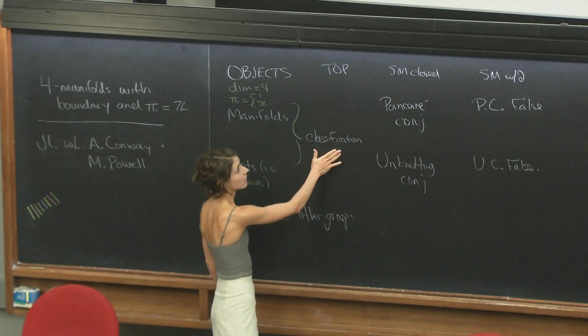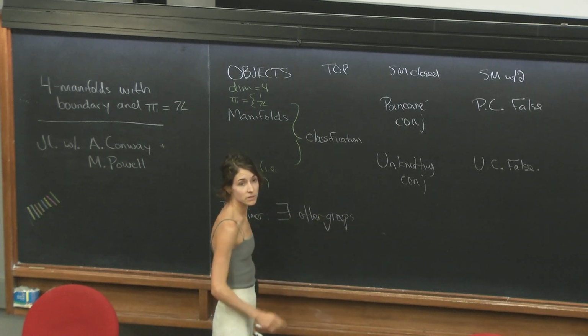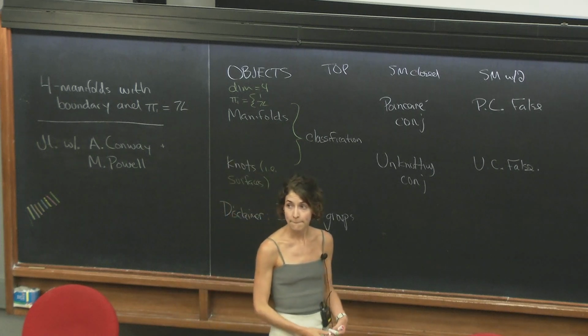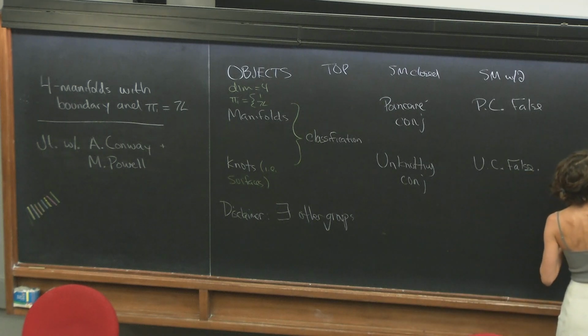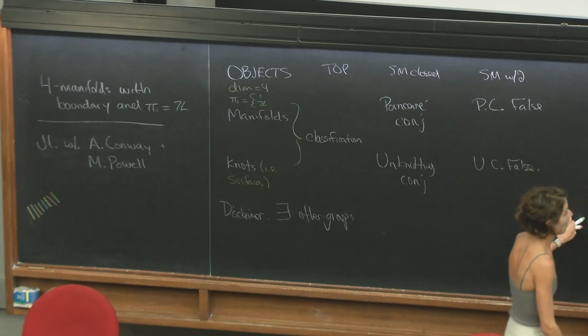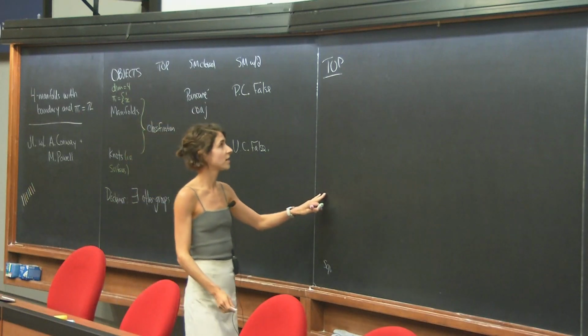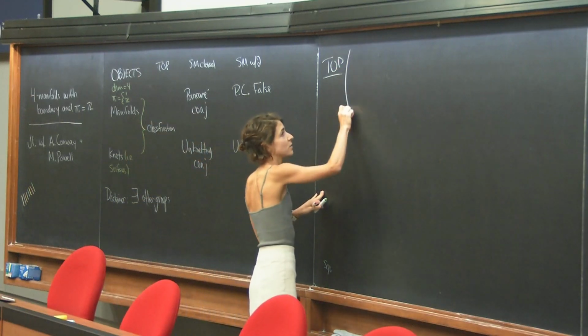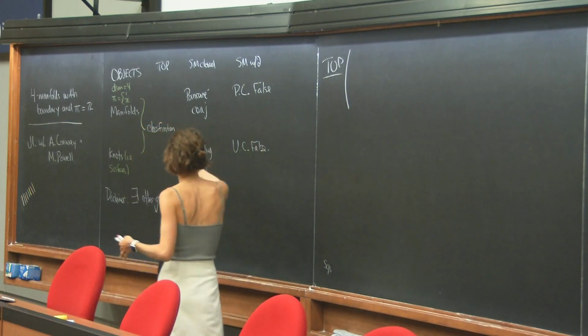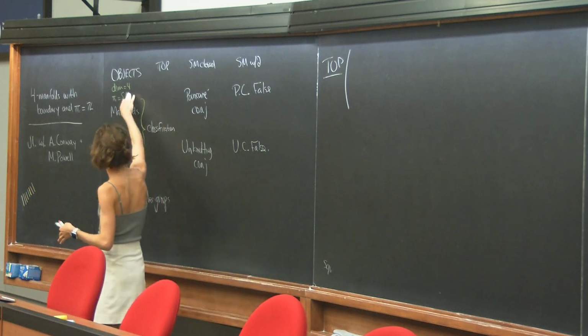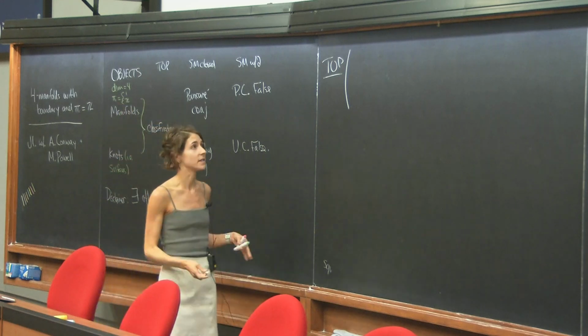I'm going to start by, in this category, stating the classifications. I'm going to try to state 4 theorems all at the same time because, as you might expect, the classification of manifolds with or without boundary and with one of these two groups looks very similar.